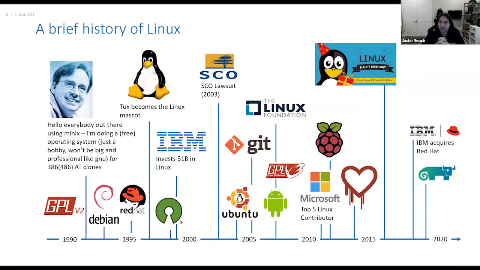Because on its own, Linux itself has had a really interesting and colorful history. It all began with Linus Torvalds, whom you're probably familiar with. He's an employee now of the Linux Foundation, which is a fantastic organization, by the way.